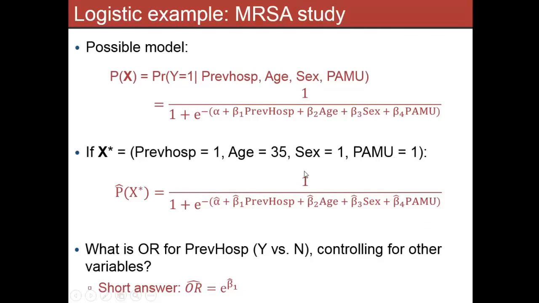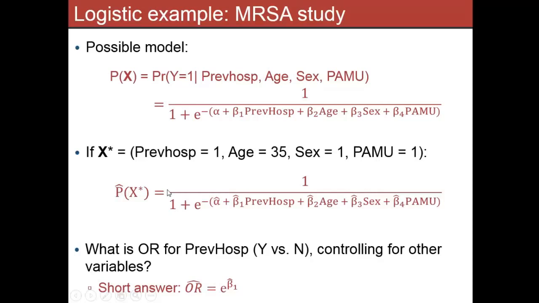Right, you can say, okay, well, what's their probability of having resistant infection? And you would put those values into here, and you would turn your crank on your calculator or whatever, or SAS, as it's going to be the case. And what you would predict from your model, given these covariates, you would get a predicted probability of having resistant infection. So that's one thing you might want to know.